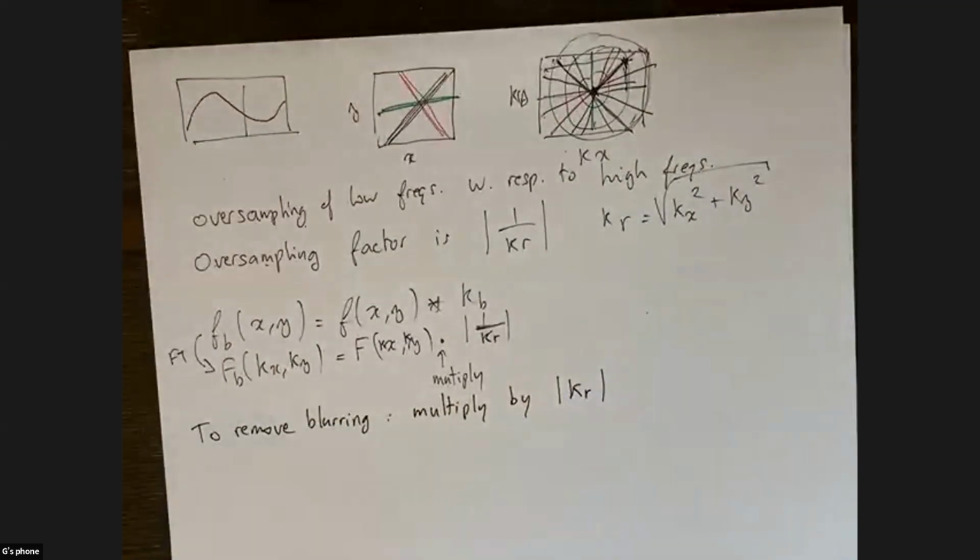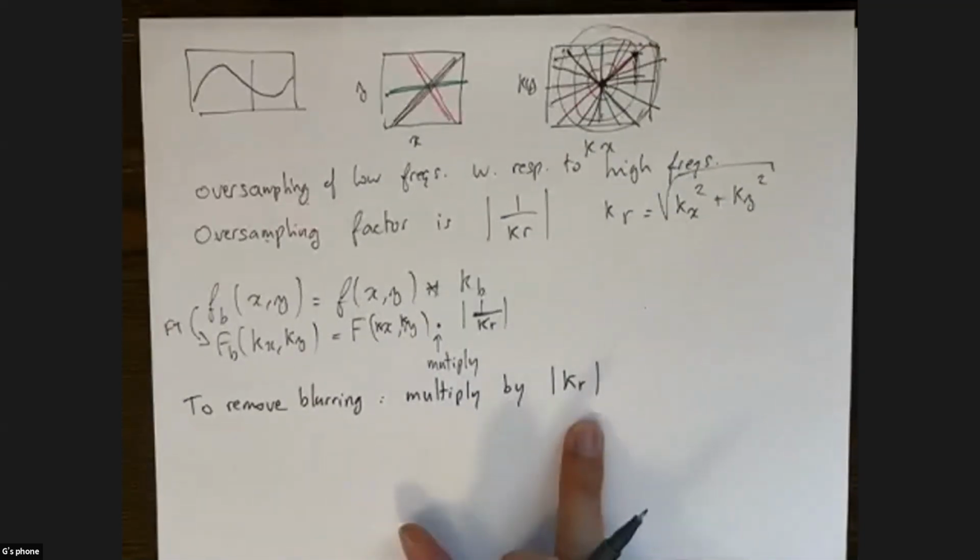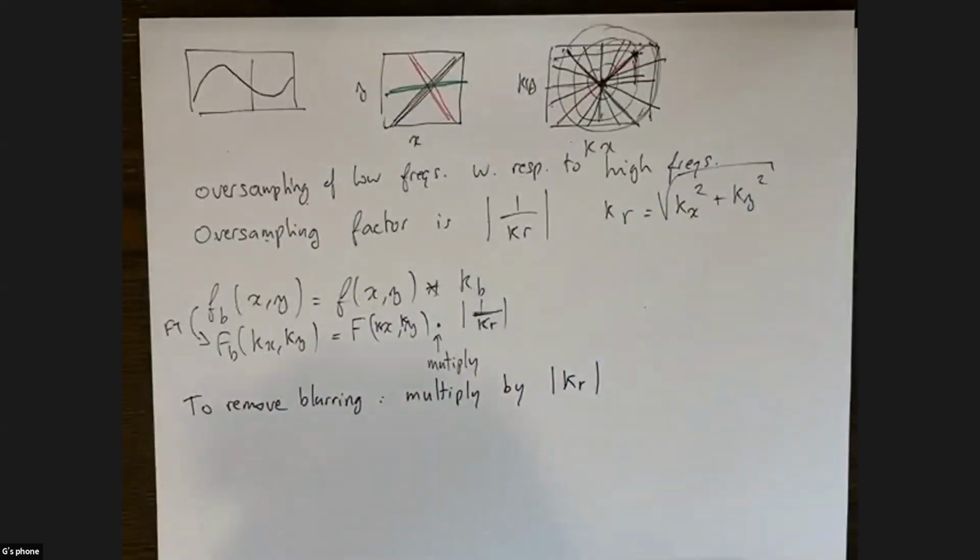So the idea is, to remove the blurring, what we can do is take projections, put them into the frequency domain, multiply them by KR, and then bring them back into the spatial domain, and then we can do a simple back projection.